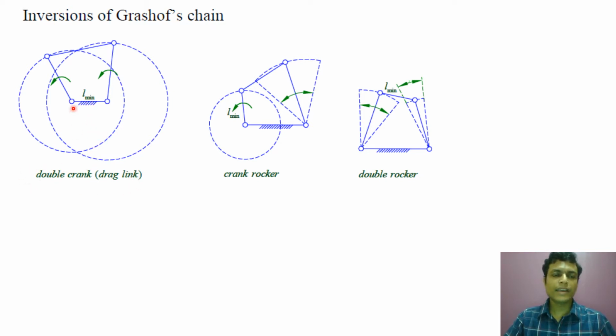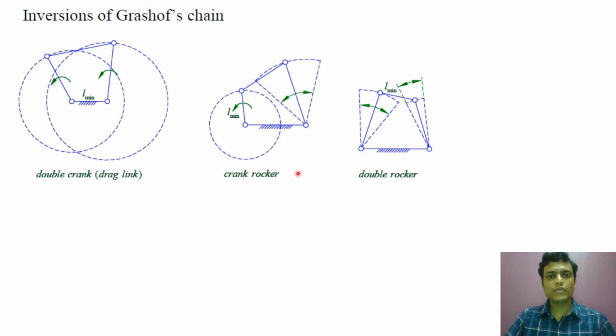A double crank mechanism is a mechanism in which the crank and the follower can make a complete rotation of 360 degrees. So this is the crank, and this is the follower. Both the crank and follower can make a complete revolution, that is, both can rotate 360 degrees when L min is the fixed link.